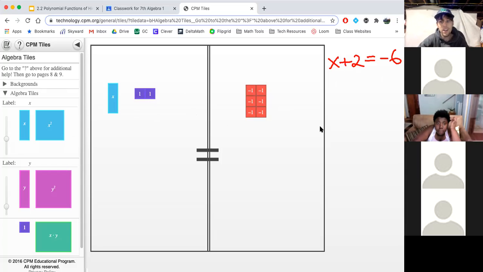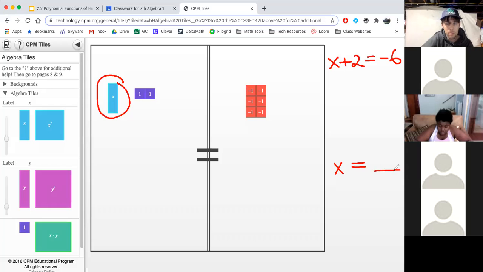So now it's a matter of getting the X over here. I want to make sure this X is the only thing remaining on this side, because I want to say X equals the number that is my solution. Well, that's going to involve, I need to get rid of these by making a zero pair.